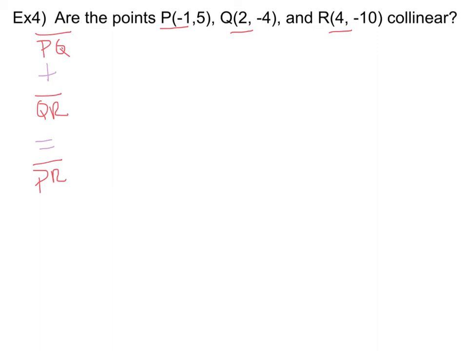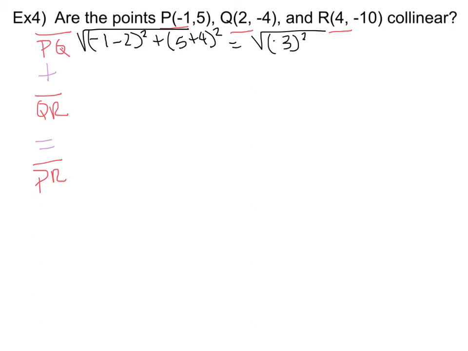Okay, let's do it right now. I have the square root of negative 1 minus 2, squared, plus 5, and I'm going to add 4 because it's minus a negative, which gives me negative 3 squared plus 9 squared.